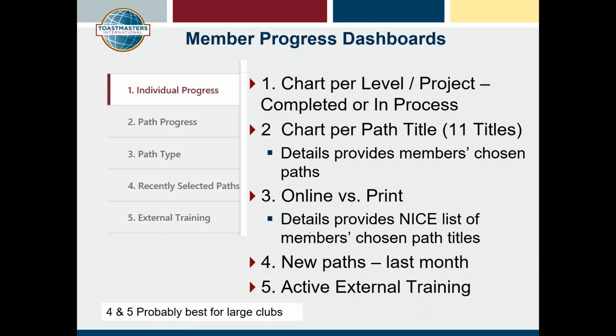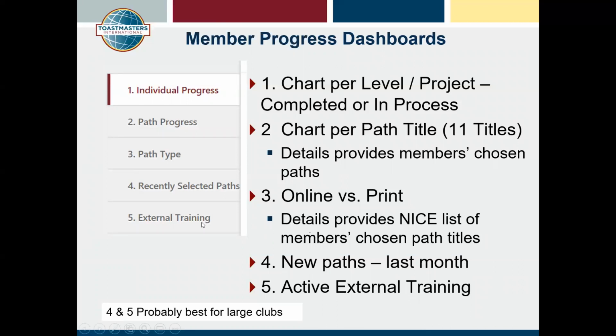And so the details will give me my chosen paths, and also the online versus print path type. It's a nice list of the chosen path titles. The recently selected paths are just anybody new. So maybe if you have a big club, you can be watching that. That's only within the last month when you refresh it. So has anybody picked a new path in the last month?